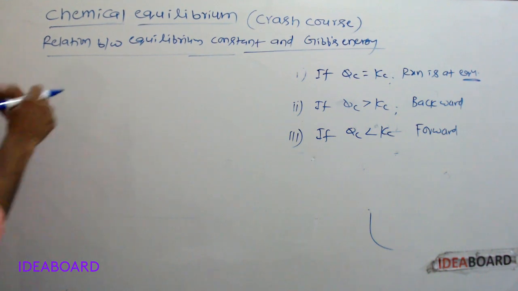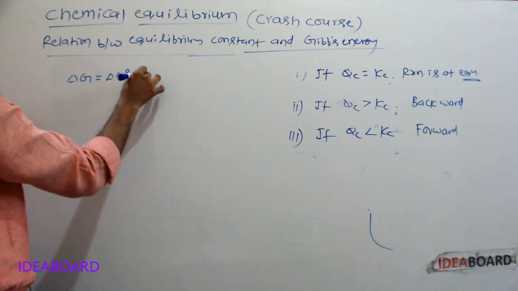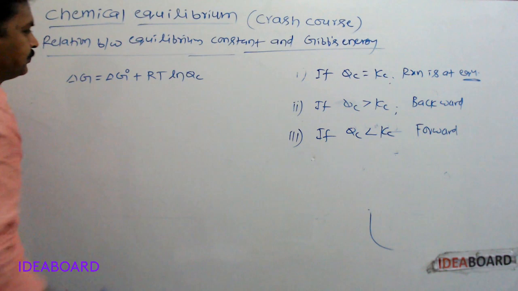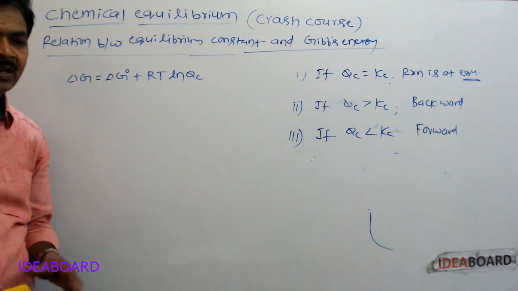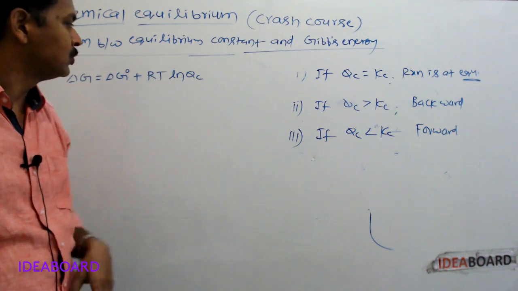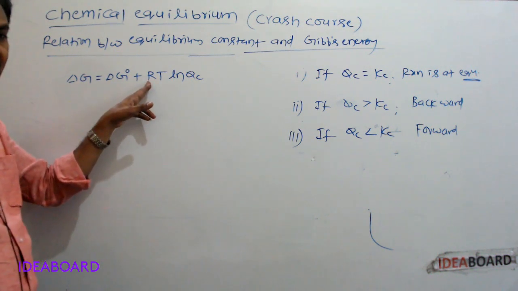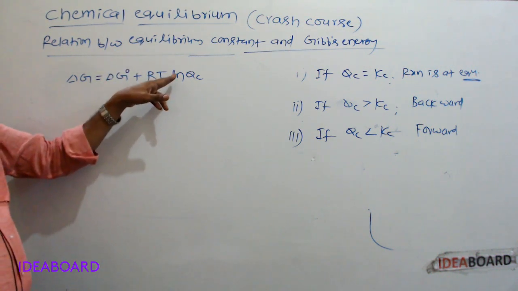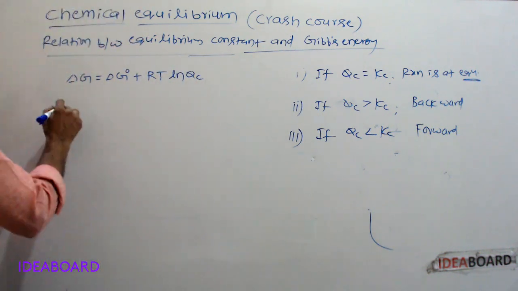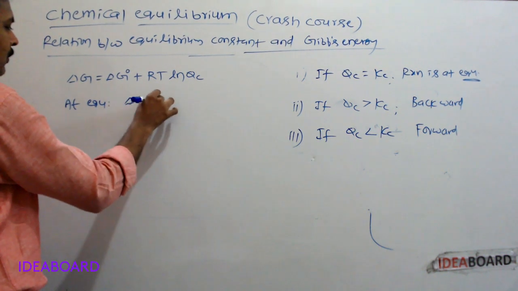From thermodynamics, we have this relation: delta G is equal to delta G naught plus RT ln Qc. Here delta G is the Gibbs energy, delta G naught is the standard Gibbs energy, R is the gas constant, T is the absolute temperature, and Qc means the reaction quotient. At equilibrium, the delta G value is 0.